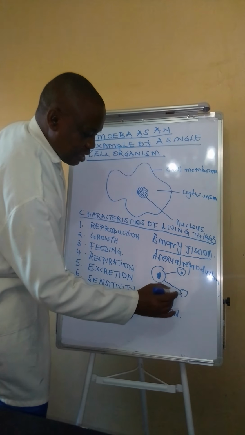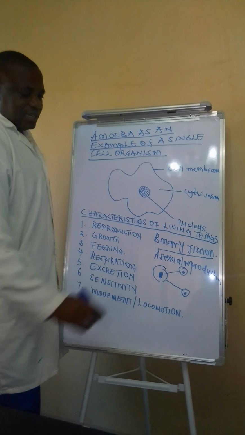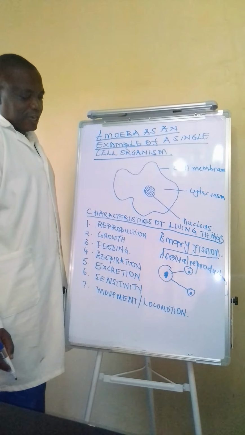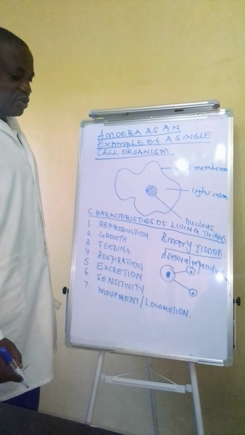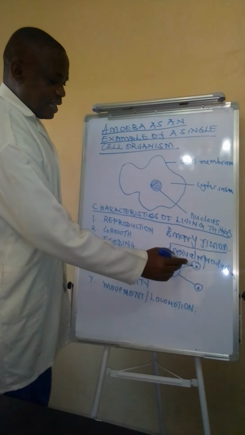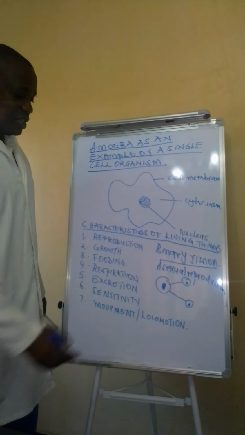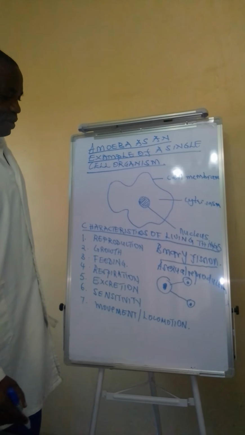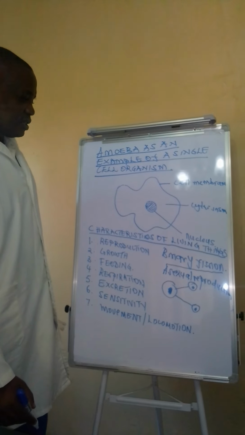This is what is referred to as binary fission, and it is a form of asexual reproduction. And these daughter cells have the same genetic material as the parent cell. So this is how amoeba carries out its reproductive process.